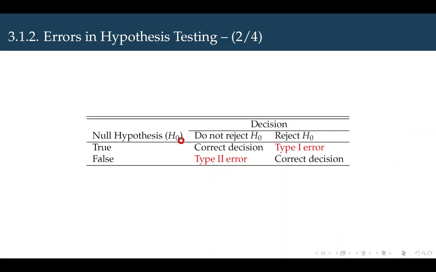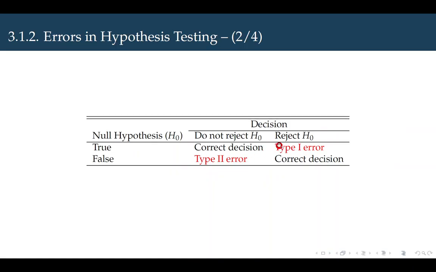On the other hand, if the null hypothesis is false, if we do not reject it, then we are committing type 2 error. But if the null hypothesis is false, and if we reject H naught, then the decision is correct. Therefore, this is just rejecting the null hypothesis which is actually false, and this one is not rejecting the null hypothesis which is actually true.